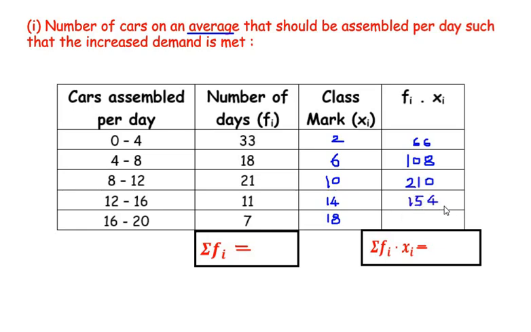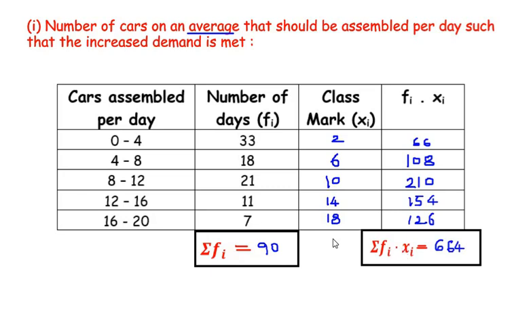And 7 times 18 gives us 126. Next we have to find out the total number of days, that is the total frequency. So when we add up all the number of days, we get it equal to 90 days. And when we add up all the fi times xi, we will get it as 664. So we have got the values of sum of fi and sum of fi xi.